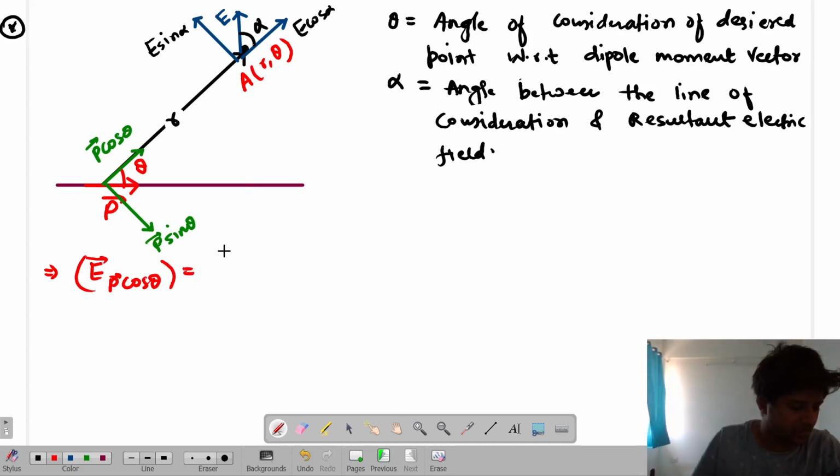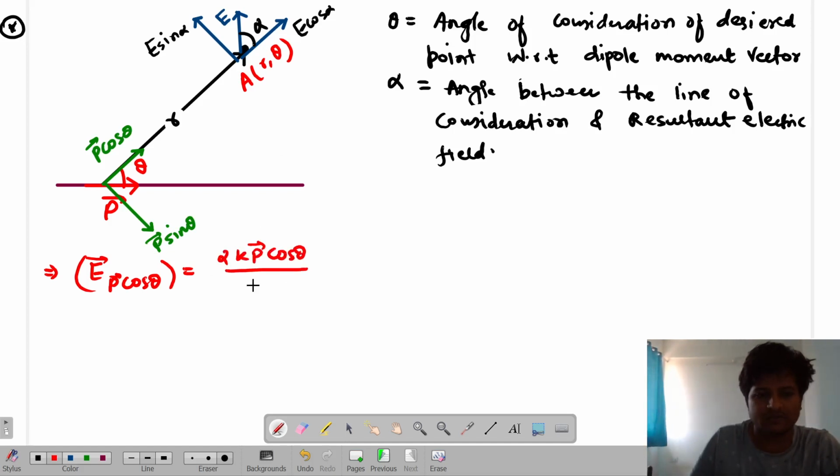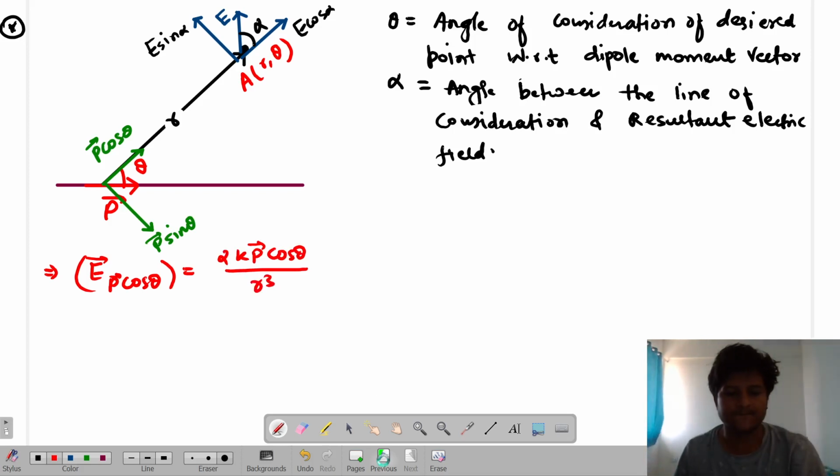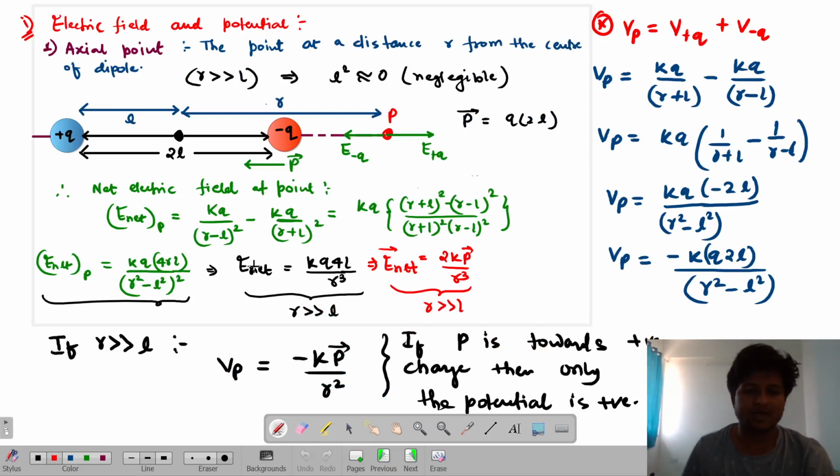So it can be written in terms of what? This is an axial line. So look over here. If it is an axial line, I can write it as twice Kp cos theta divided by r cube, isn't it? For axial, look over there. The electric field due to axial is how much? 2Kp vector by r cube. And this is my electric field.